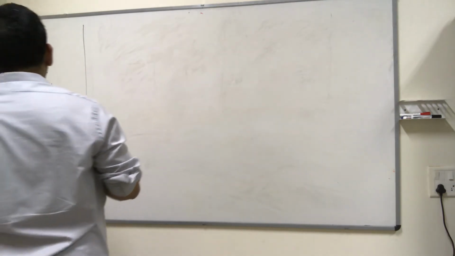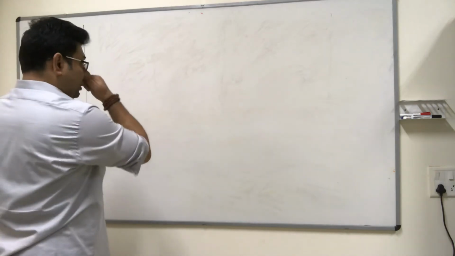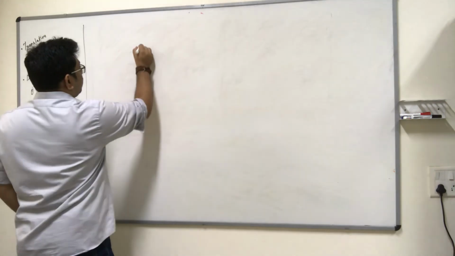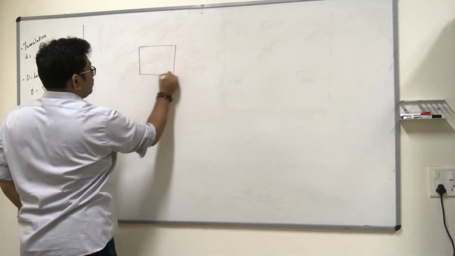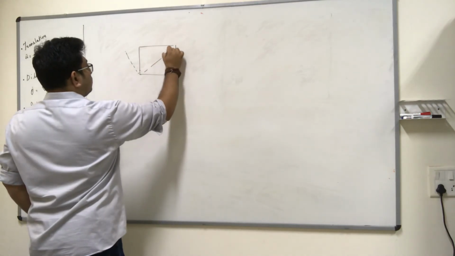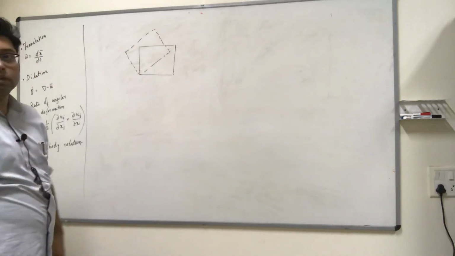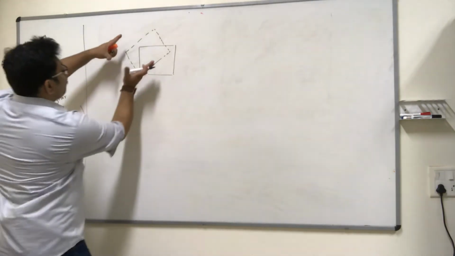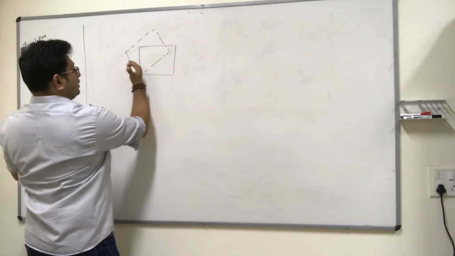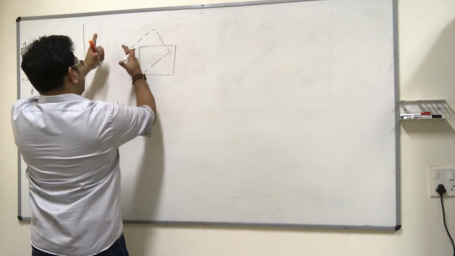We have looked at translation, which is a rigid body motion, and the other rigid body motion possible is simply rotation. So if the z axis is coming out of the plane of the paper, this entire square has rotated along this axis.